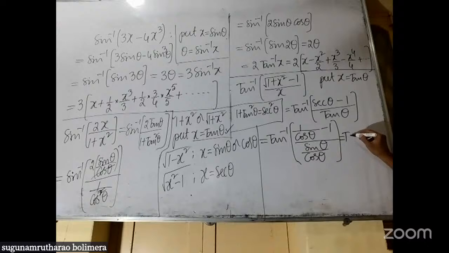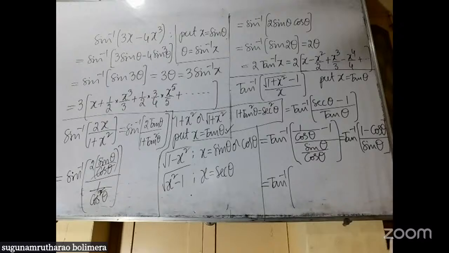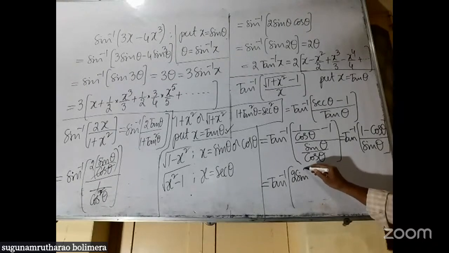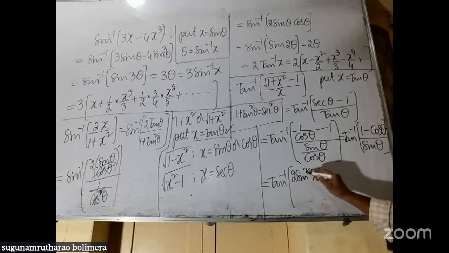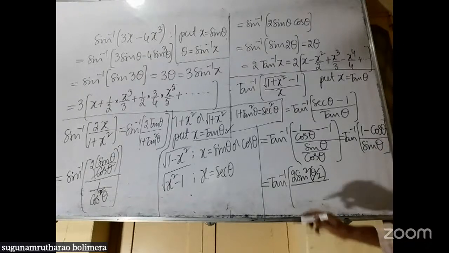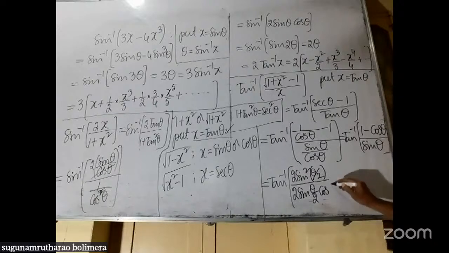Here 1 minus cos theta is nothing but 2 sin square theta by 2, and sin theta in terms of half angles you can write as 2 sin theta by 2 cos theta by 2.